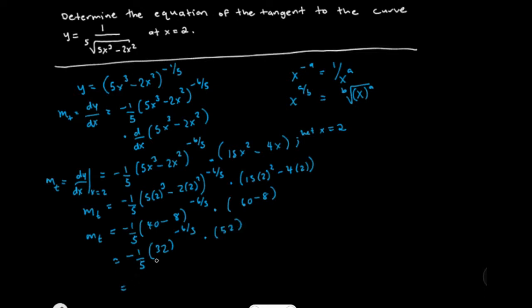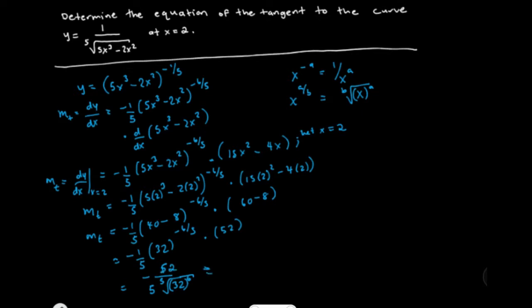And if I crunch this out, you can notice here that this is negative 1 over 5 times the fifth root of 32 to the power 6. So it is a little messy in that sense, times 52, so I'm going to put 52 here.